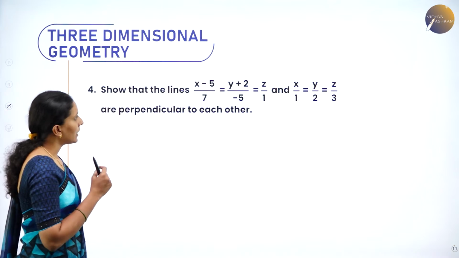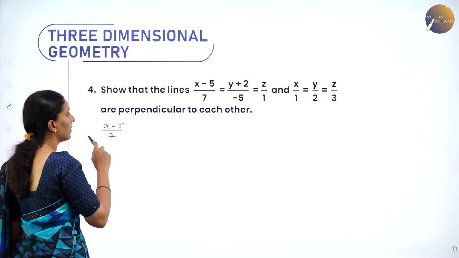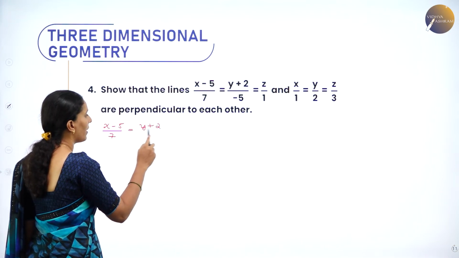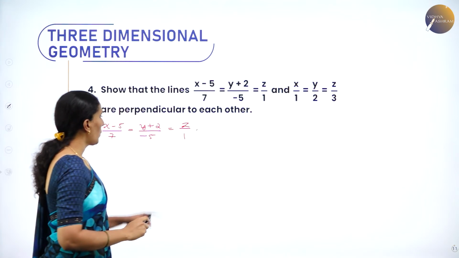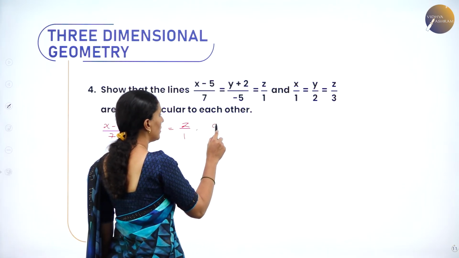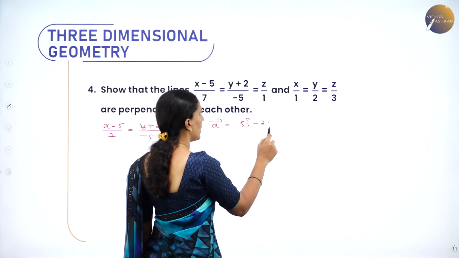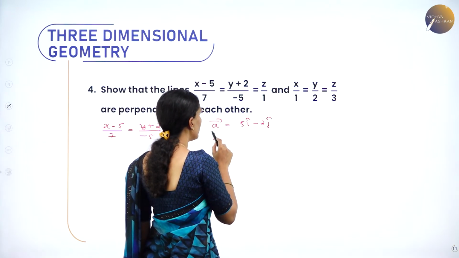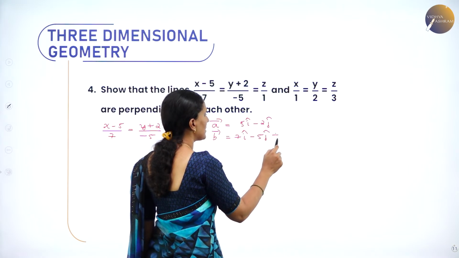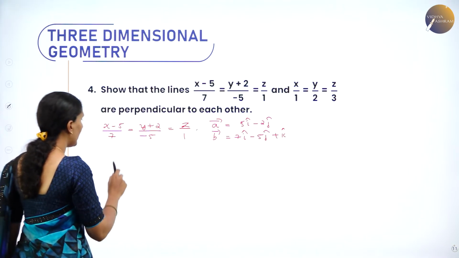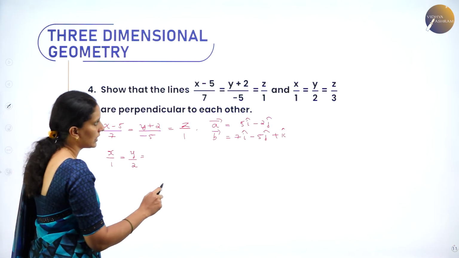So, here the Cartesian form of the lines is given, that is x minus 5 by 7 is equal to y plus 2 by minus 5 is equal to z by 1. So, here vector a is 5i minus 2j and vector b is 7i minus 5j plus k. And for the second line, that is x by 1 is equal to y by 2 is equal to z by 3 here.